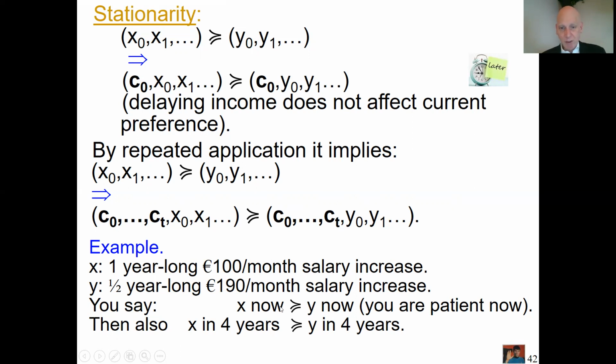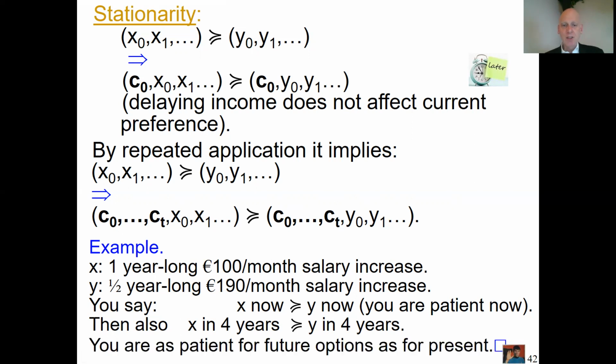If right now you prefer one to the other, when it happens in 4 years, also right now you prefer that one to the other. That's an example of stationarity. That means in a way that you are as patient for future consumption as you are for present consumption. Your degree of impatience remains constant. That's a way of formulating the condition.